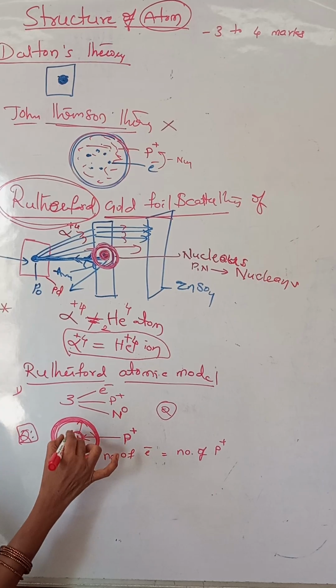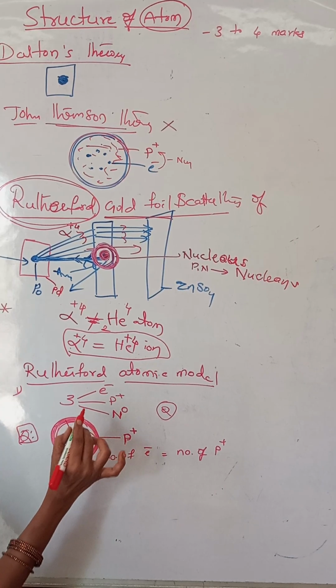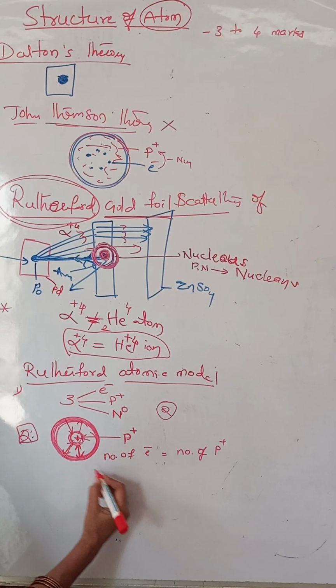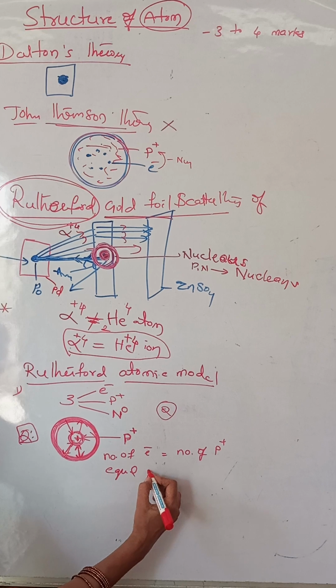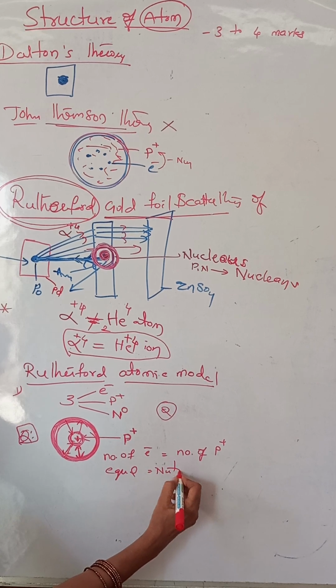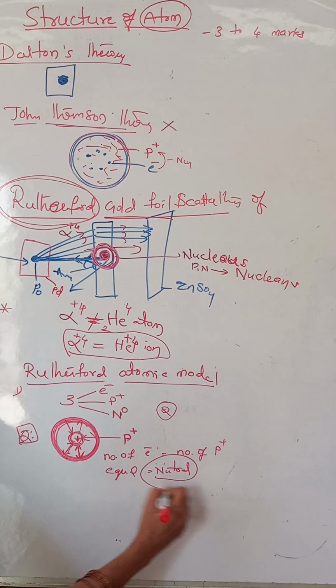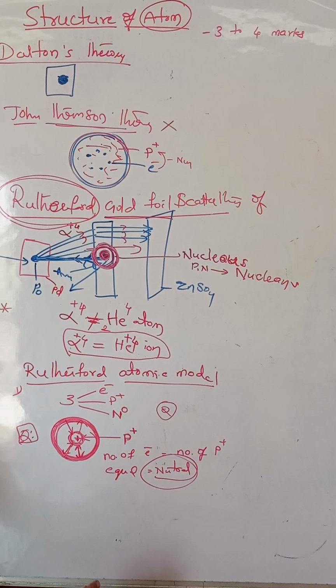This is the centrifugal, and at the same time this is the centripetal. These two forces are equal. That's why the atom is neutral.